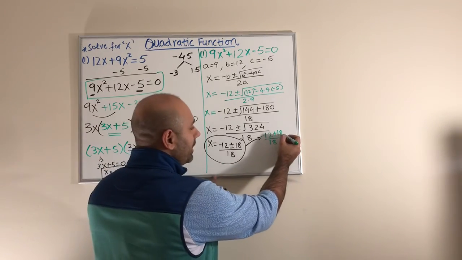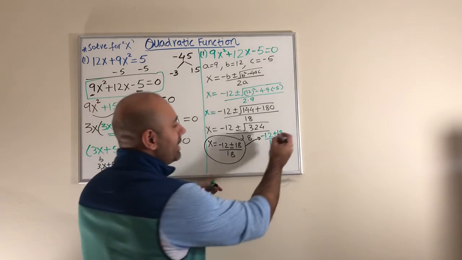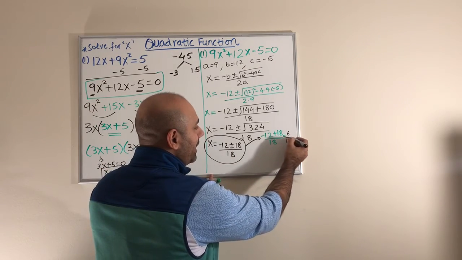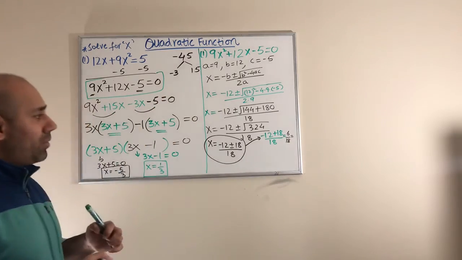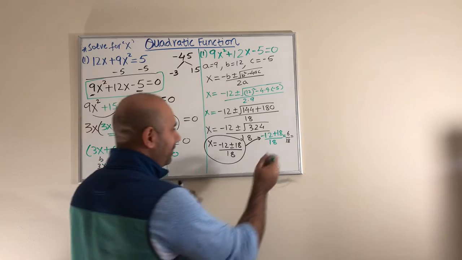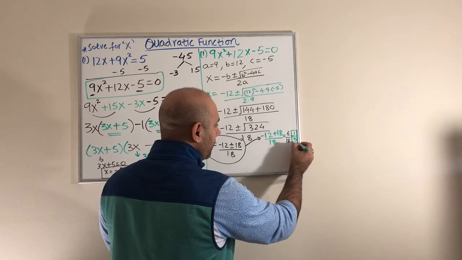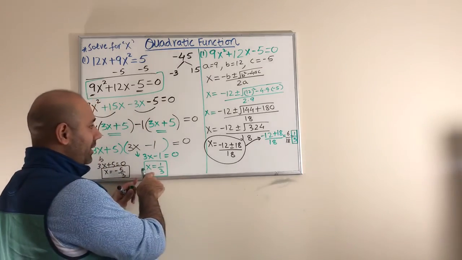And if I simplify this, guys, it is going to be negative 12 plus 18 is 6, and 6 over 18. And if I simplify this, 6 over 18 can be simplified as 1/3. So I already have x equals 1/3 here as well.